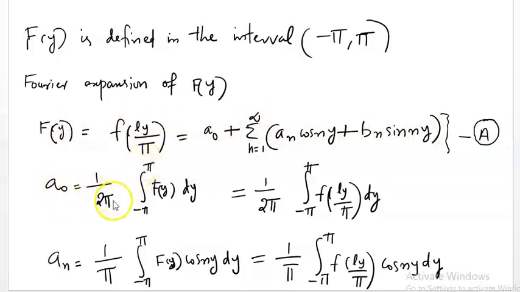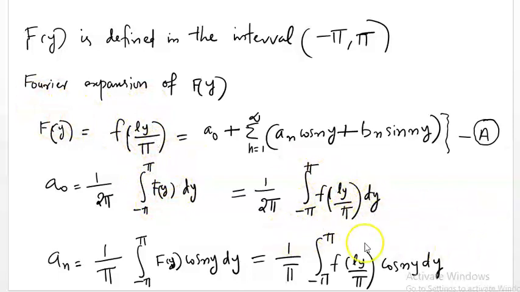So a0 is 1 by 2 pi integral minus pi to pi F of y dy, which is 1 by 2 pi integral of small f of Ly by pi dy. This F of y is actually small f of Ly by pi, that's why we have written it like this.